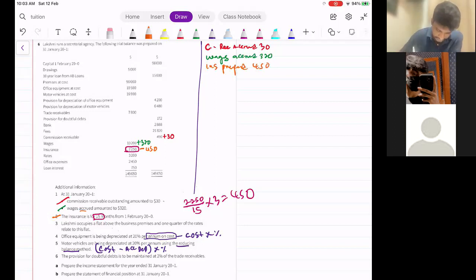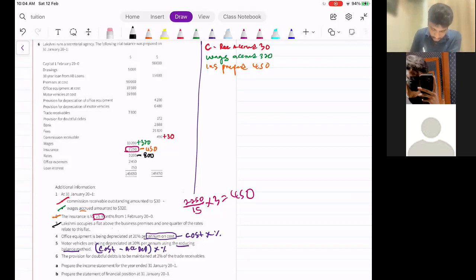Yeah. Okay. Then Lakshmi occupied. Lakshmi is the owner. Lakshmi occupied the flat above the business. 1/4 of the rates relates to this flat. So I go find your rates. Rates is 3,200. 3,200 times 1/4, I get 800. So I need to minus 800 from here.